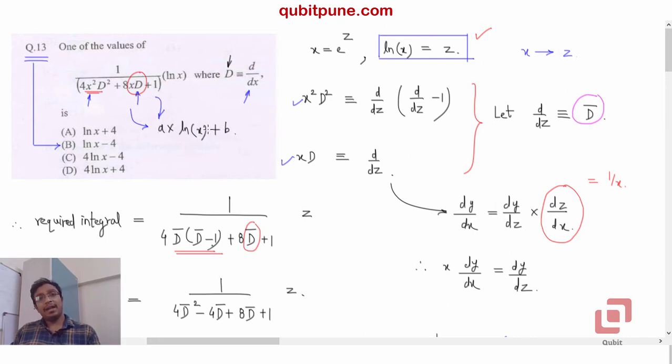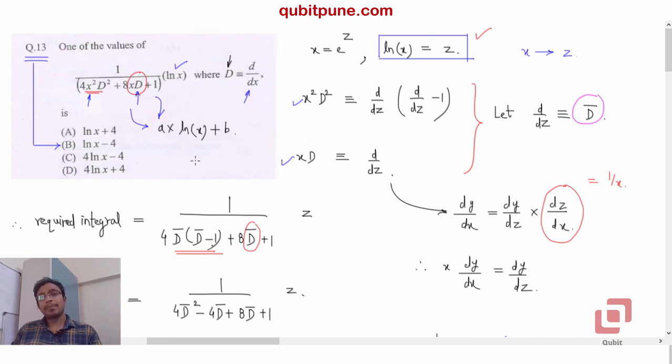Add everything and equate the addition to log of x, and then you will get, well, obviously the constant term has to be 0, so whatever constant term you get, from that you will get one relation between a and b, and the second relation between a and b will be obtained by comparing the coefficients of log x on both the sides.